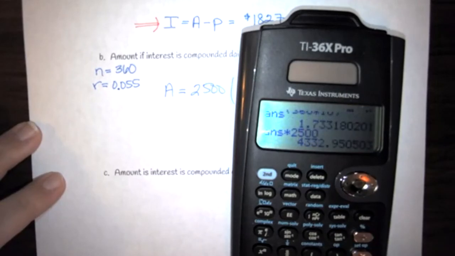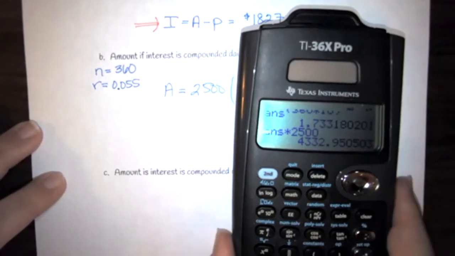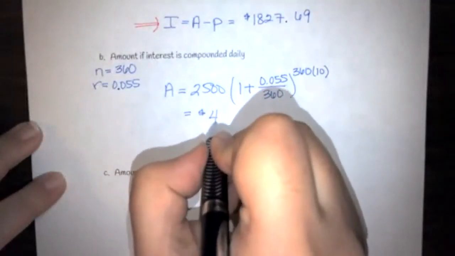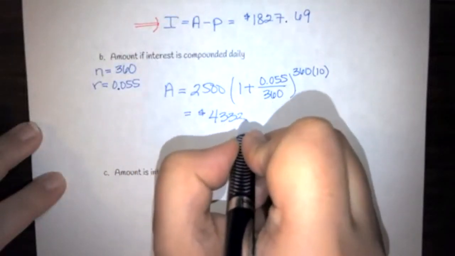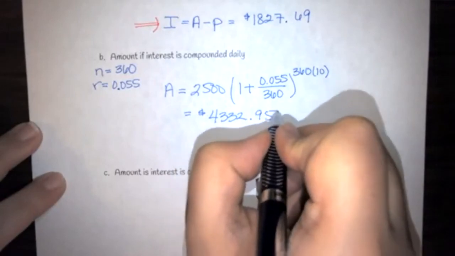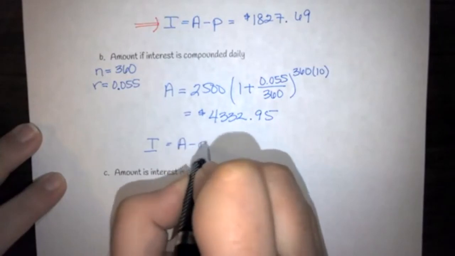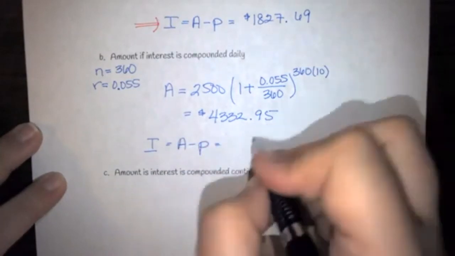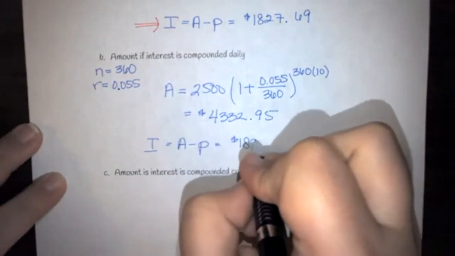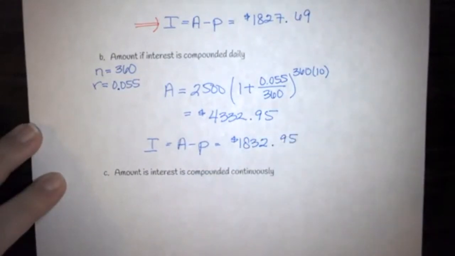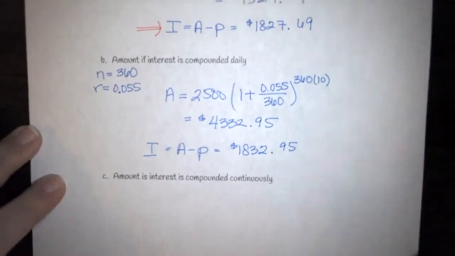So notice this is $4,332.95. So equals a total of $4,332.95. So my interest, again, A minus P, is going to give me $1,832.95.